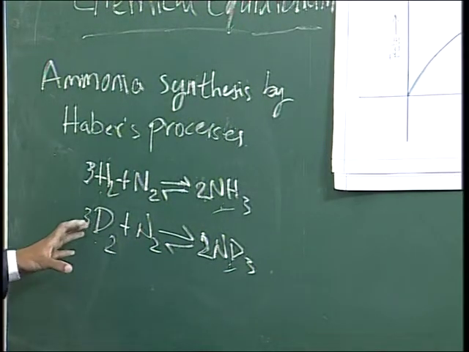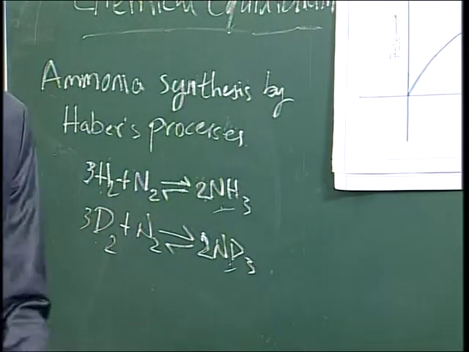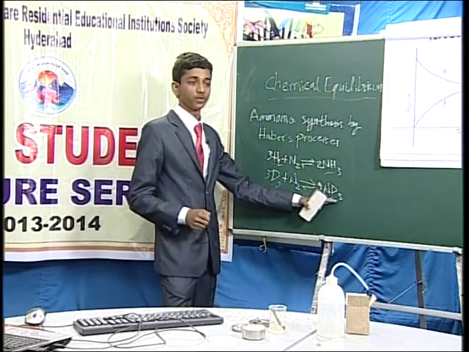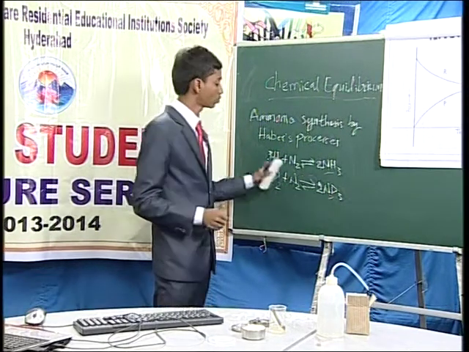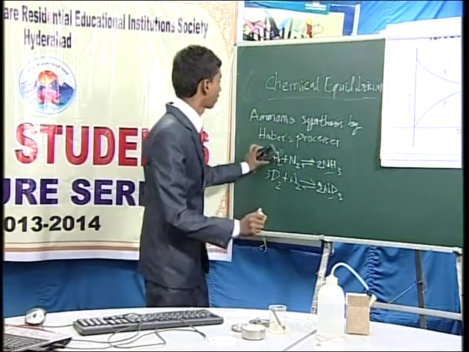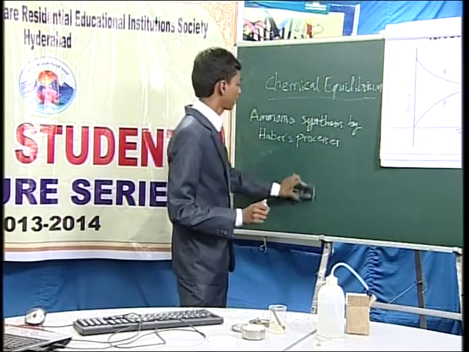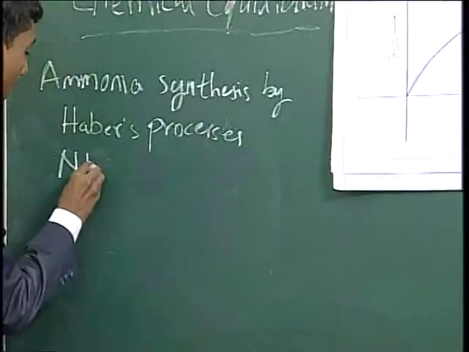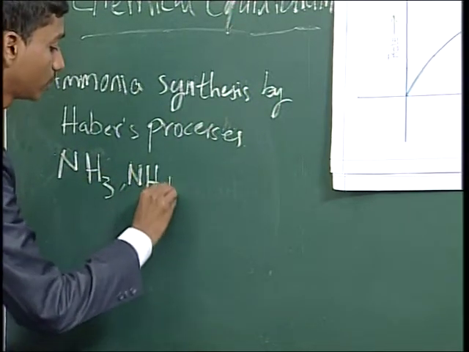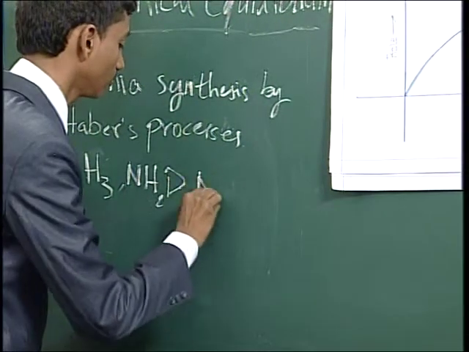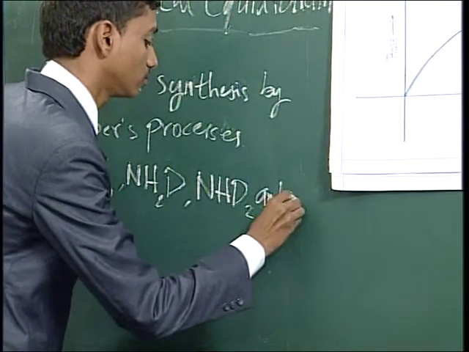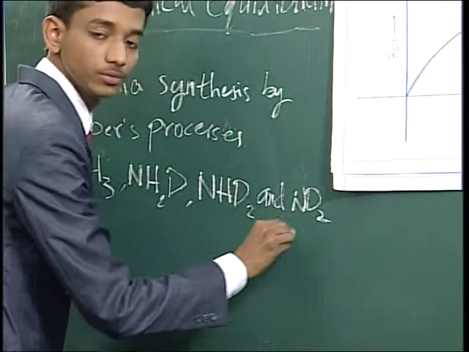And by considering D2 and N2 forming ND3, and by observing these two reactions by mass spectrography, we will find some ammonia in its deuterated forms like NH3, NH2D, NHD2 and ND3, right?